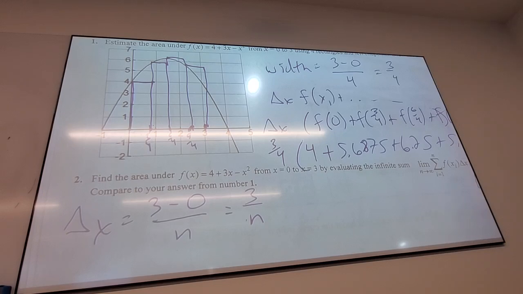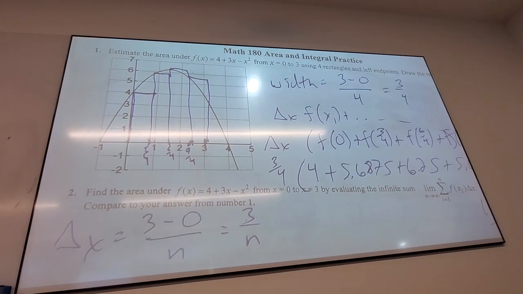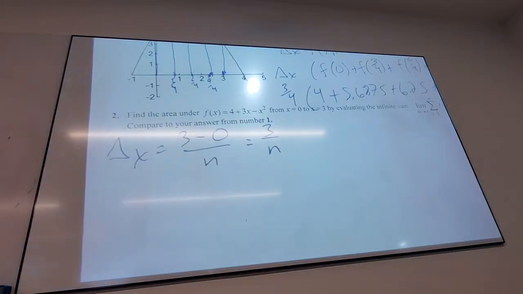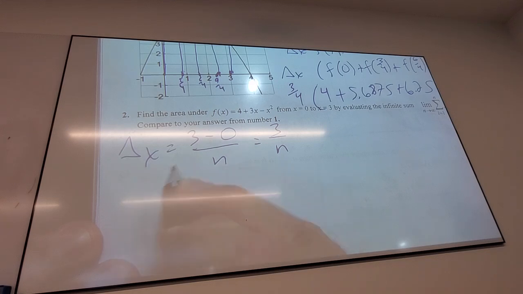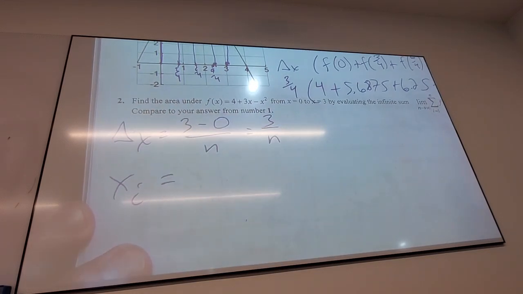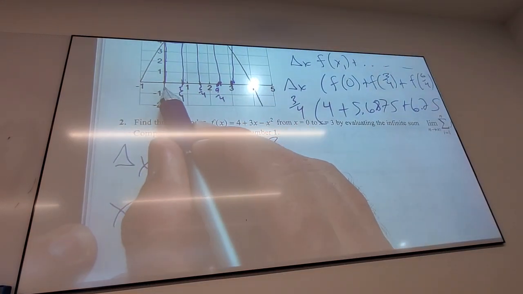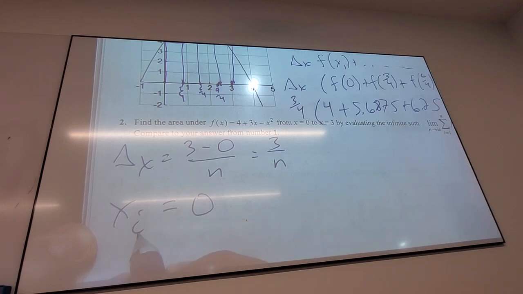Now see if you guys remember what we're going to do next. I'm not sure why I did left-hand points, but I'll be okay. x_i. Where do I start? Where did everything start when I was making rectangles? Yeah, 0, right? So if I start at 0, how do I get to the i-th rectangle?